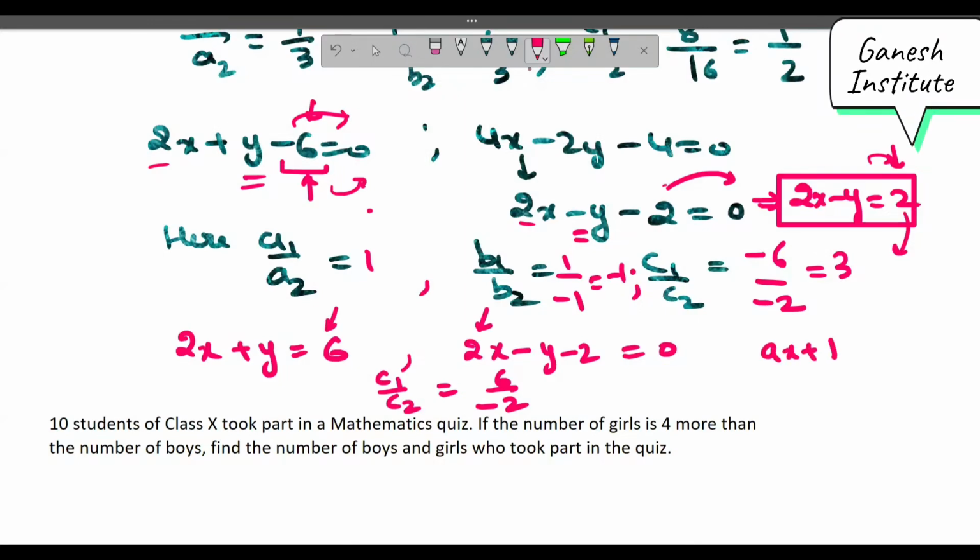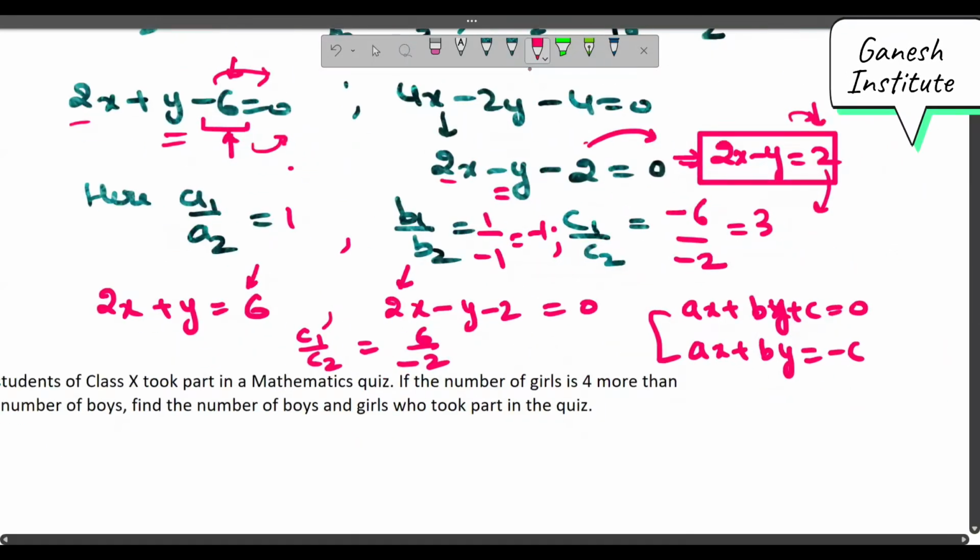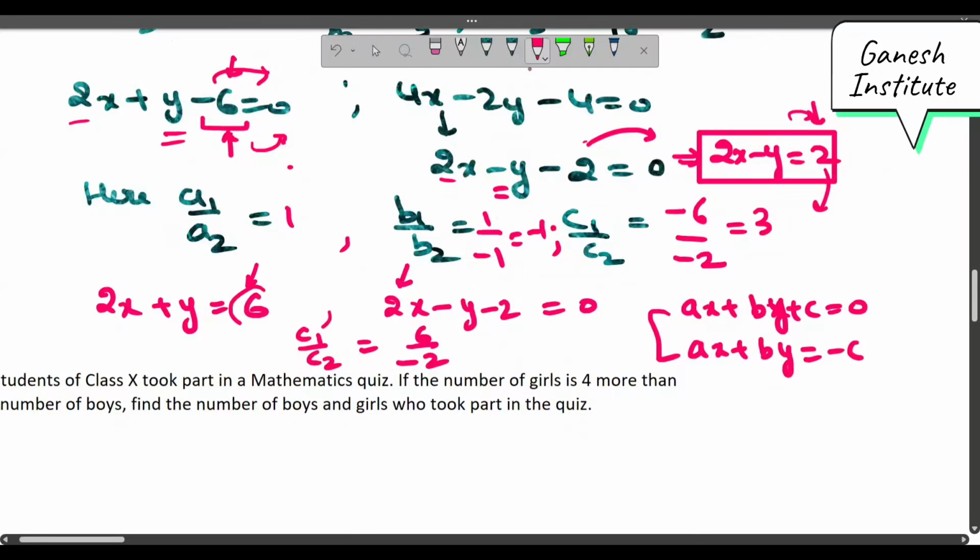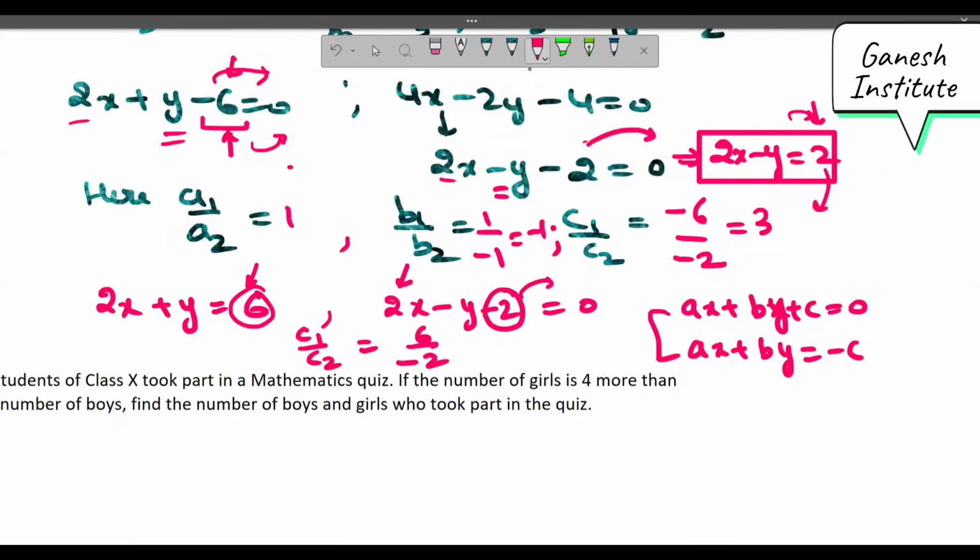Either you could have ax plus by plus c equals 0, or ax plus by minus c. So if it is on the right hand side, you bring the 6 over also. Yes. Okay, that makes some sense.